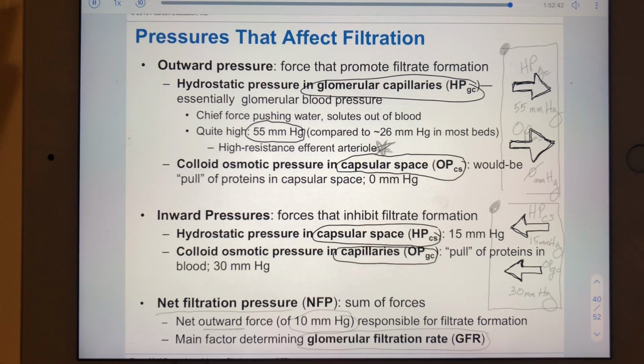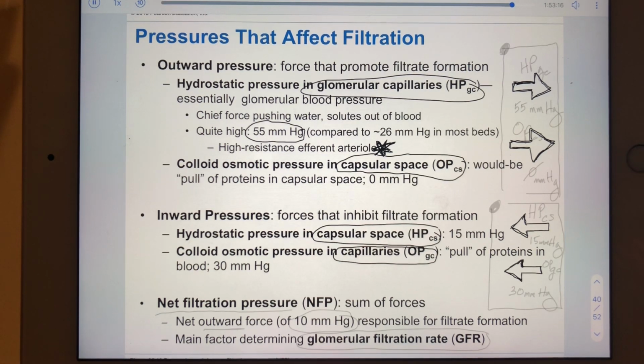Because the efferent arteriole that drains the glomerulus offers high resistance, in part because it's got a narrow diameter, okay? And offering high resistance means that the blood flowing through the glomerulus is not only under high pressure, but it's also forced to slow down, giving the nephron enough time to filter maximally, okay?